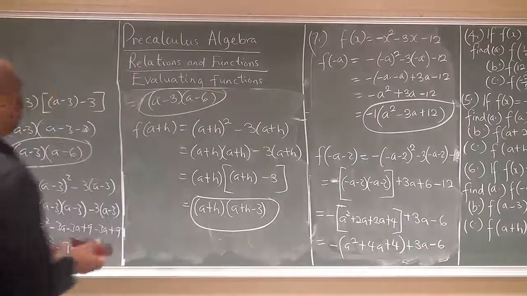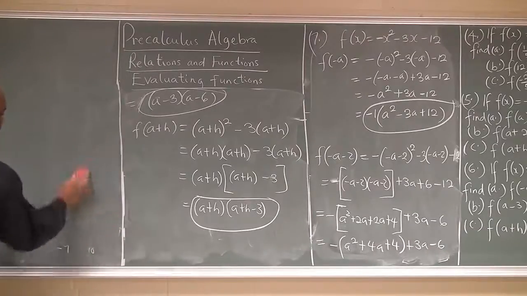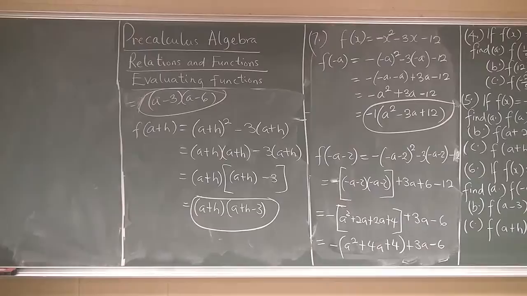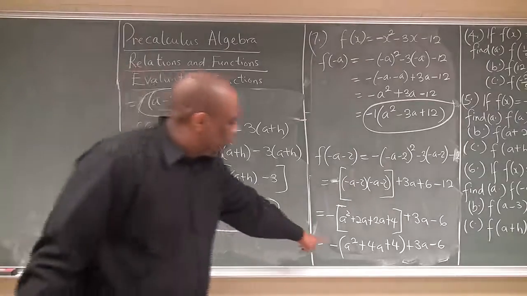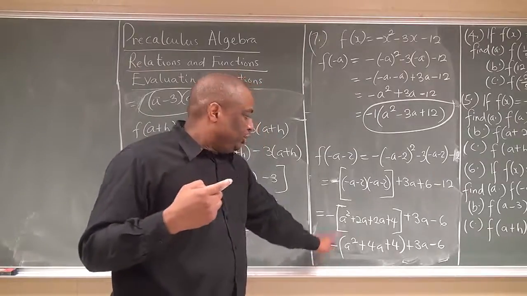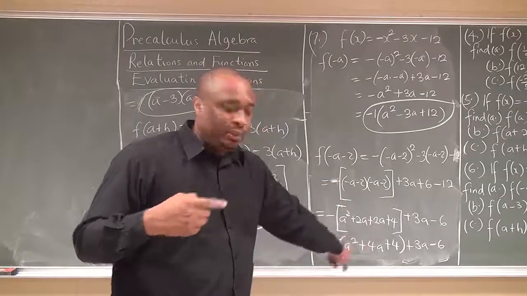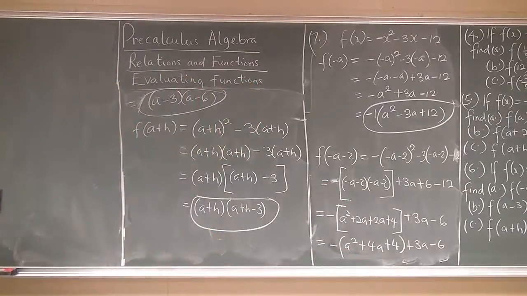Okay? Then I come over here to finish it up. Now, let me go ahead and distribute, because this negative means negative 1. I mean, you don't see the 1, but it means negative 1. So distribute with negative 1. This will give us what?